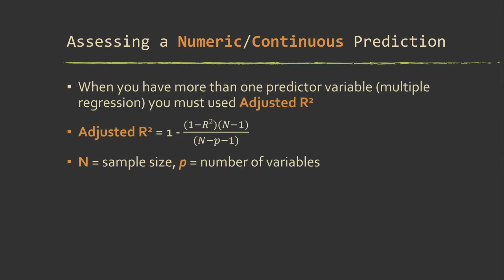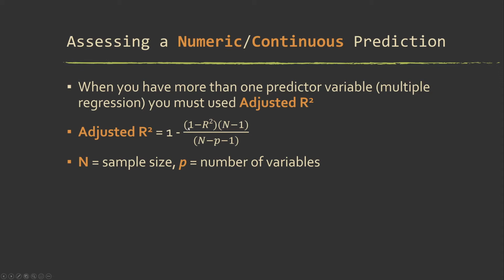As a side note, if you're doing multiple regression where you have more than one predictor variable, you're supposed to adjust R squared because of inflation. Effectively, you can get improvements in R squared even if you're not getting model improvements when you add predictor variables. Adjusted R squared applies a correction for that.